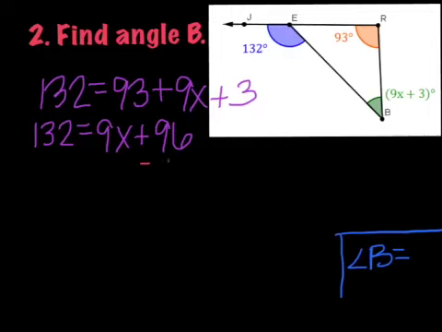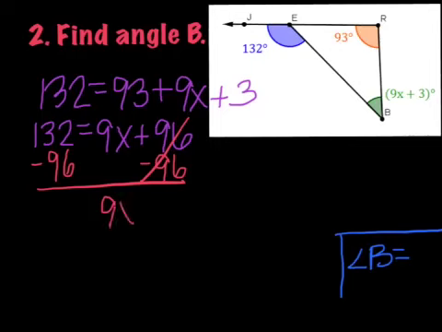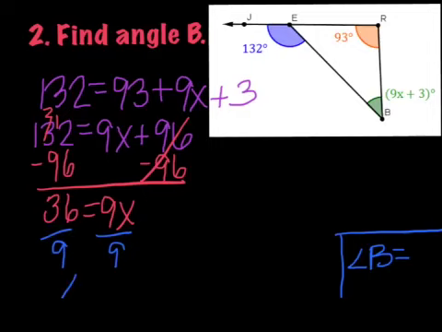Okay, let's subtract 96 on both sides. We're going to have to borrow. So we get 36. And then divide both sides by 9. And we get that x equals 4.